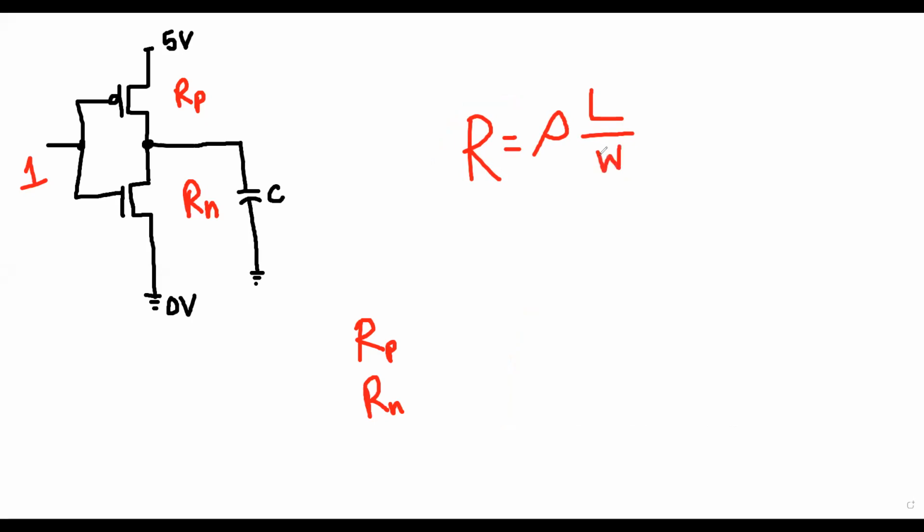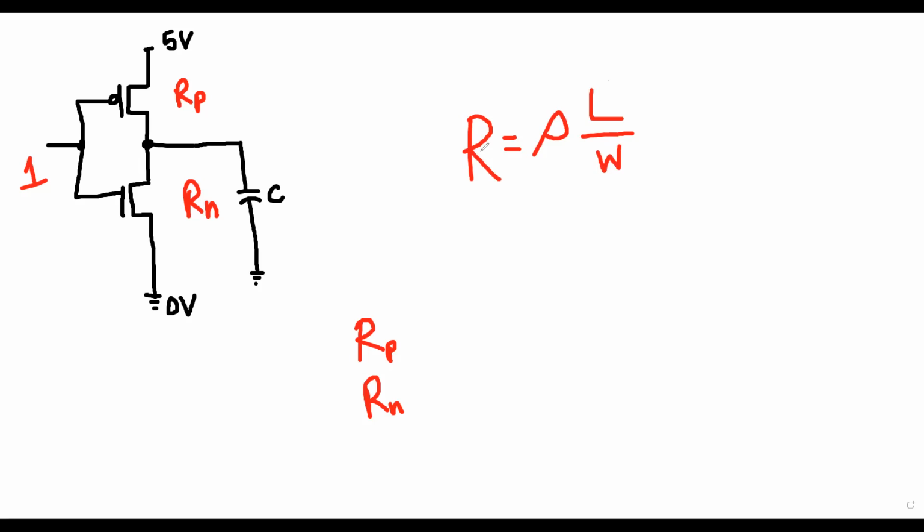It is a plane. It is a channel. That's why we will only consider W. What is rho? Rho depends on the material. If it is gold or silver, the rho value is very small. That's why the resistance is very small. If it is, let's say, iron, iron rho is higher, so the resistance will be higher.